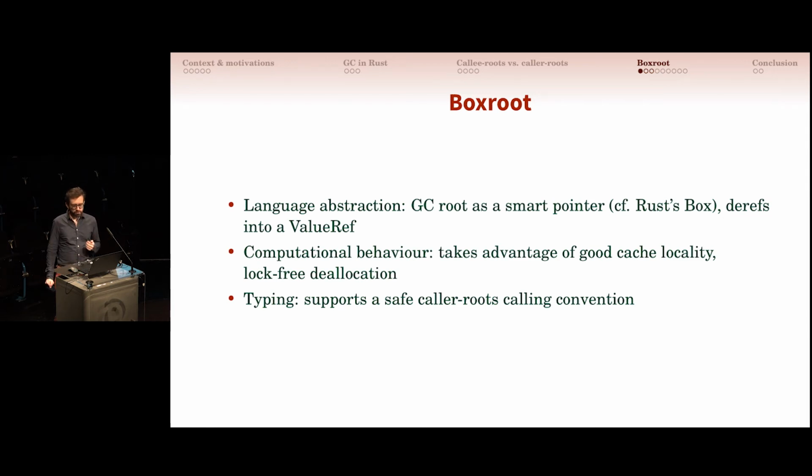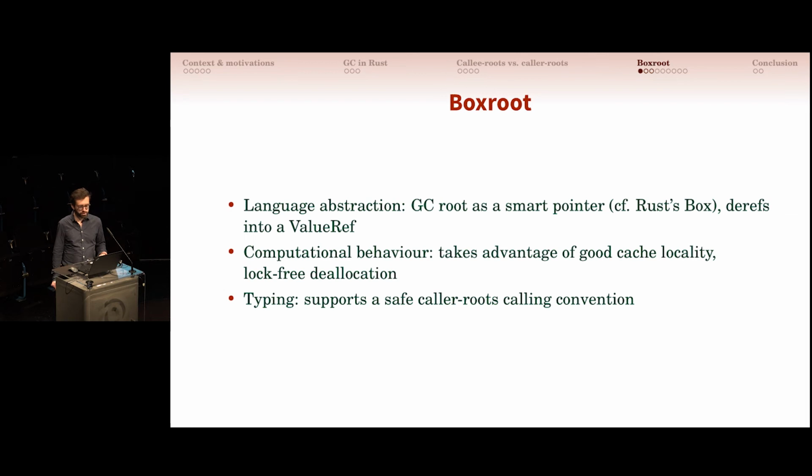So Boxroot is a library that we implemented in C using hooks that are provided by the OCaml runtime. In terms of language abstraction, it presents GC roots as smart pointers, a bit like Rust Box. This is where the name comes from. And when you dereference it, you get a value ref so that you can pass it to functions.